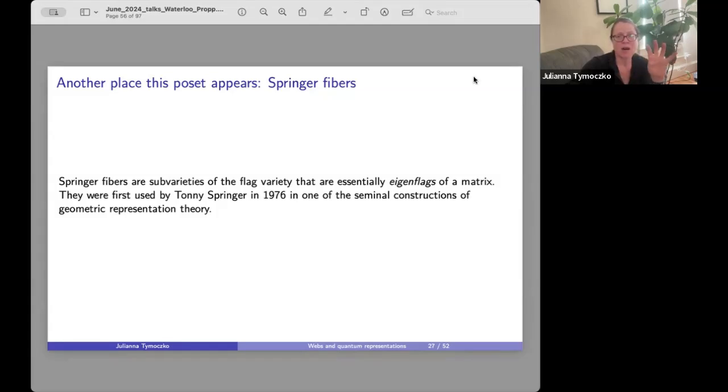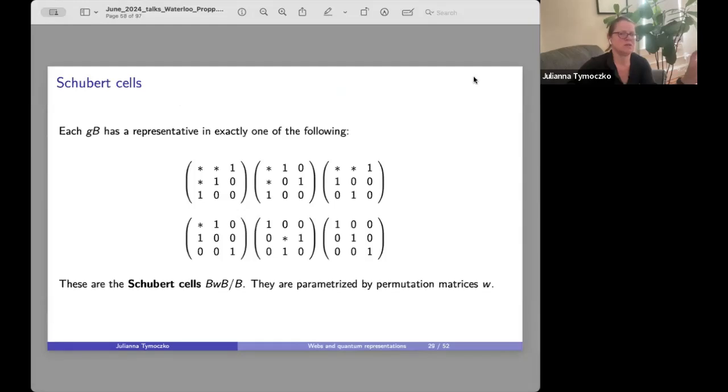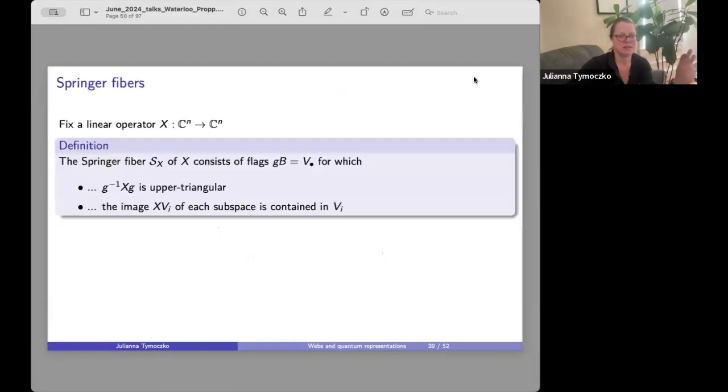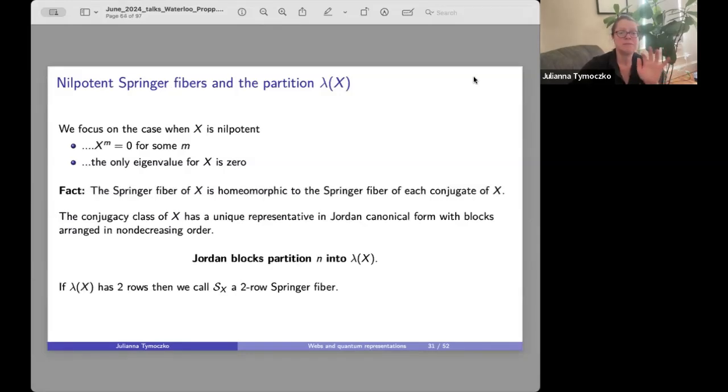Springer fibers are a kind of subvariety that show up in representation of symmetric groups. They're a subvariety of the flag variety. They're related or akin to Schubert calculus. I'm not going to talk about any of this geometry, but happy to talk about it afterwards if anyone's interested.